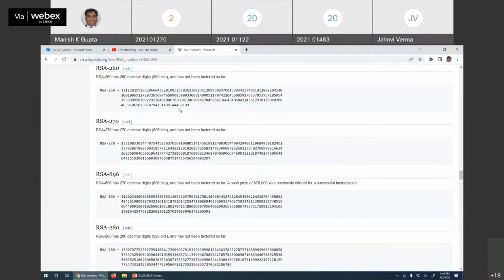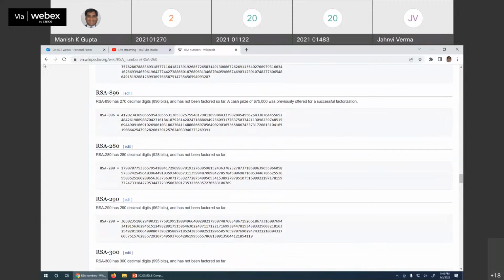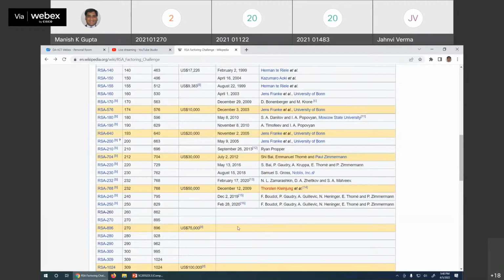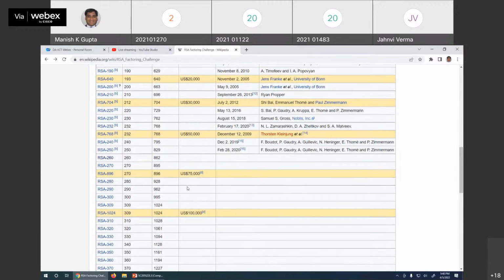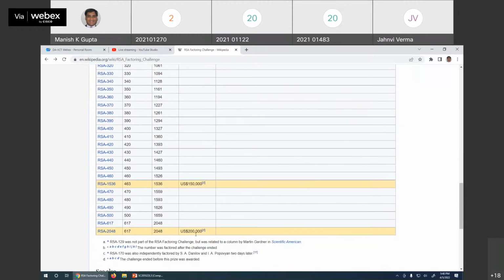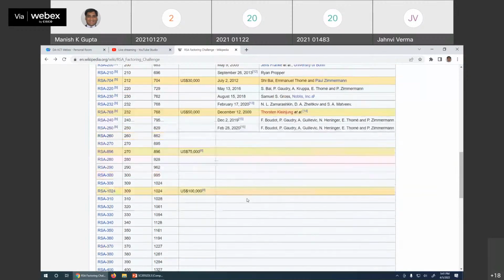No, this is not a prime number. It is a product of two prime numbers. You have to find those. So these are all open. As you can see, $100,000, $75,000, $200,000, $150,000.